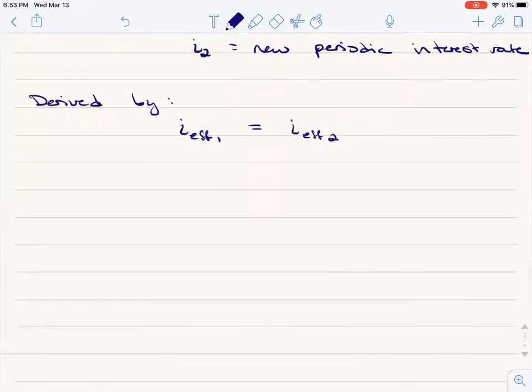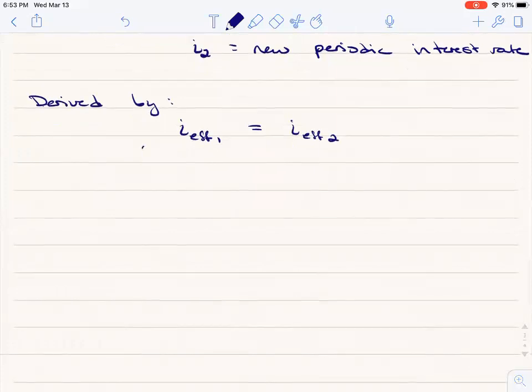We can apply the formulas for the effective rates and say that 1 plus I1 to the power of F1 minus 1, that's the effective rate for the first frequency, is the same as 1 plus I2 to the power of F2 minus 1.